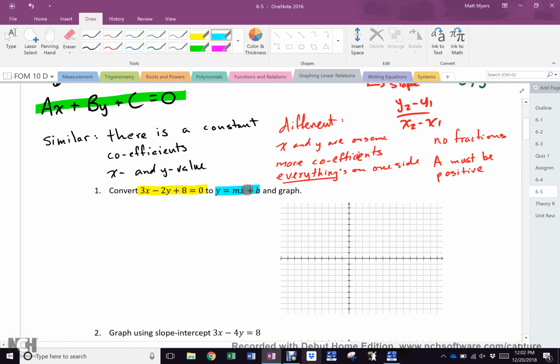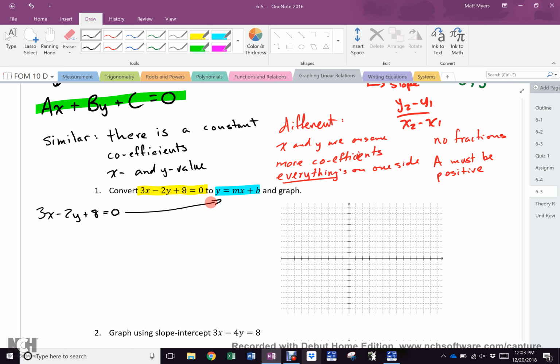Take this, 3x minus 2y plus 8 equals 0, and make it look like that. What must I do? No, don't do the steps. Tell me what I must do.